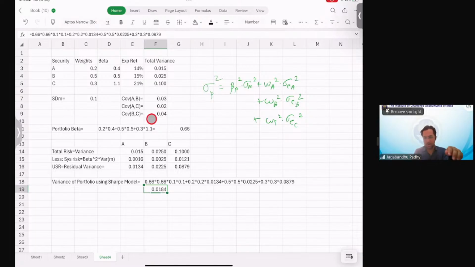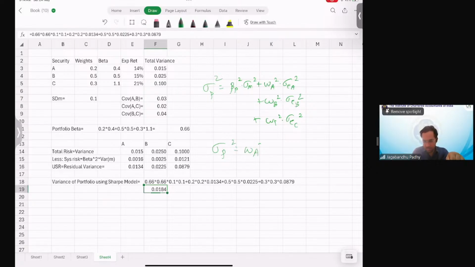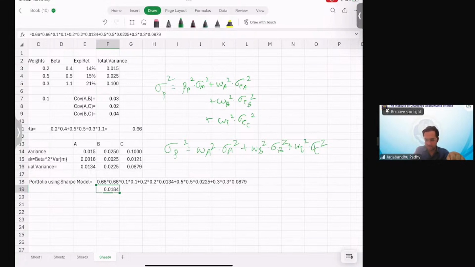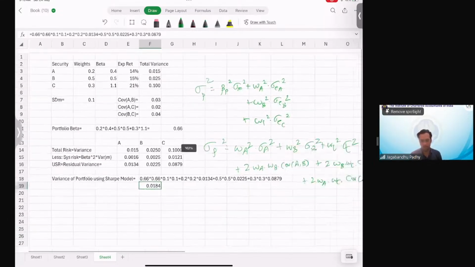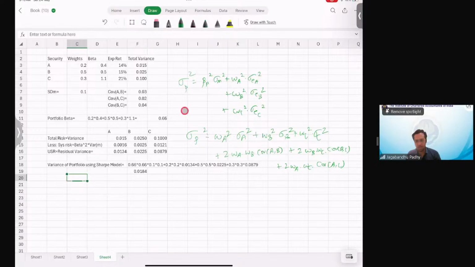As per the Markowitz model, variance of portfolio will be weight of A square into variance of A plus weight of B square into variance of B plus weight of C square into variance of C plus 2 into weight of A, weight of B into covariance between A and B plus 2 into weight of B, weight of C, covariance between B and C plus 2 into weight of A, weight of C, covariance between A and C. Apply this formula because we already have the weights, the covariance values, and the variance terms.